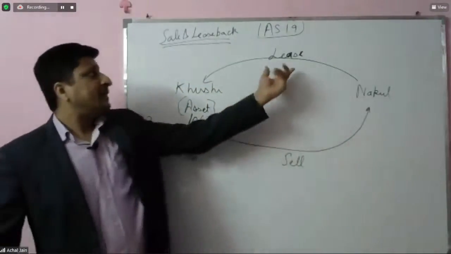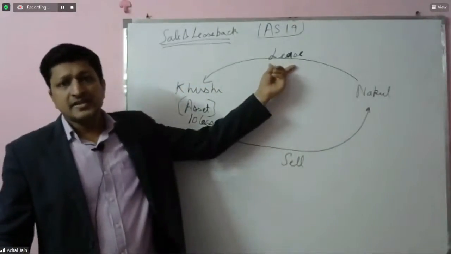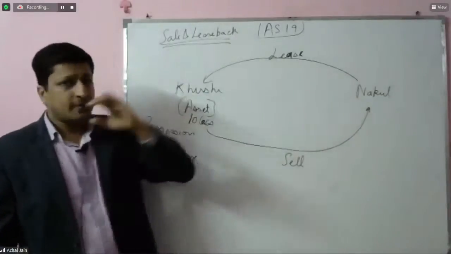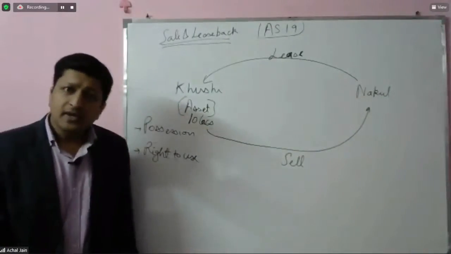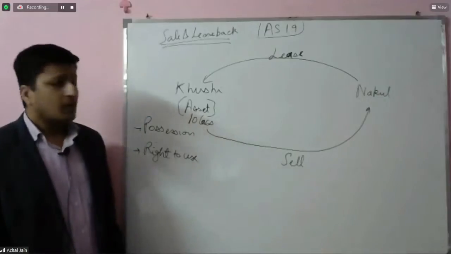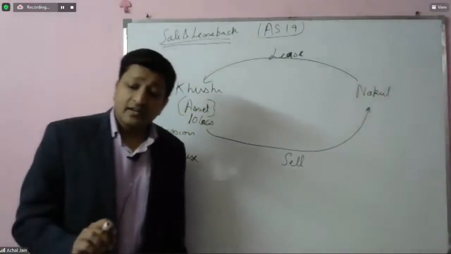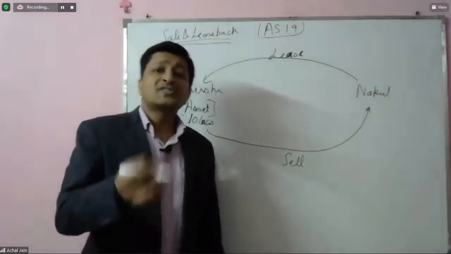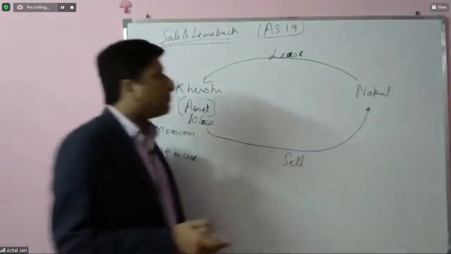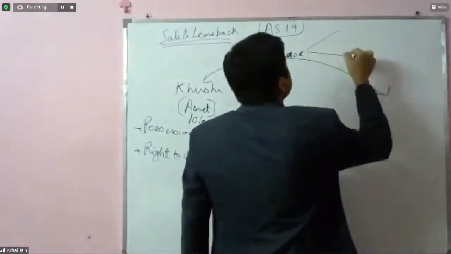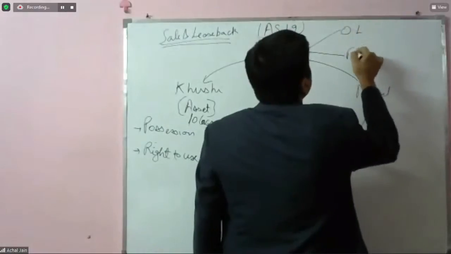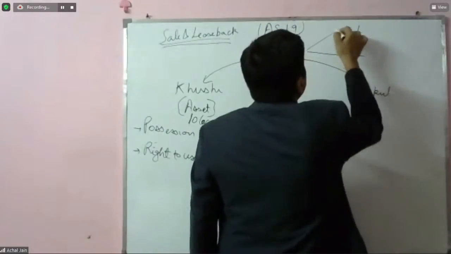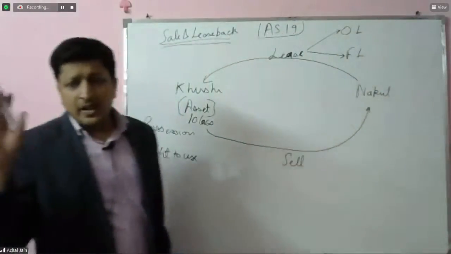Or he will make money in this lease amount, which he will earn over the period. Now, once again, this type of lease arrangement may be an operating or a finance lease. It could be either type of arrangement.